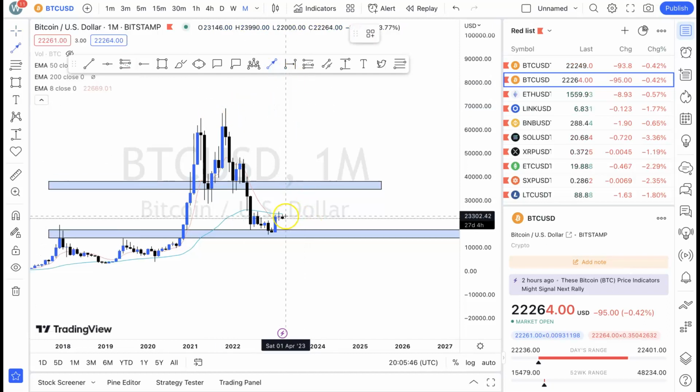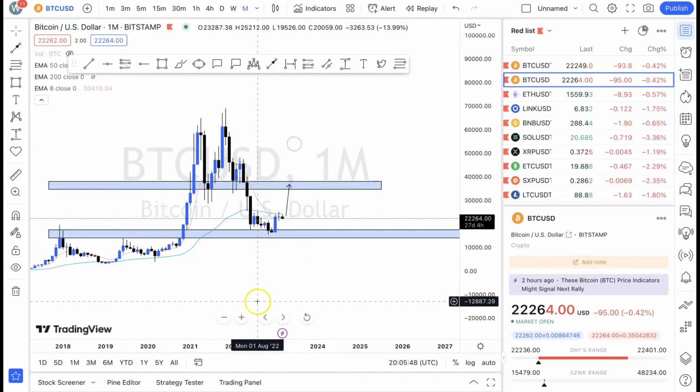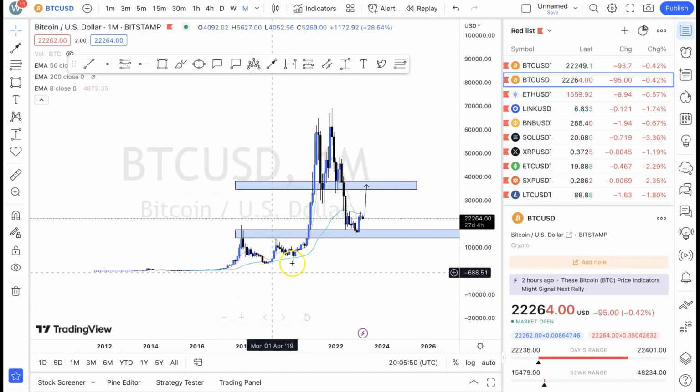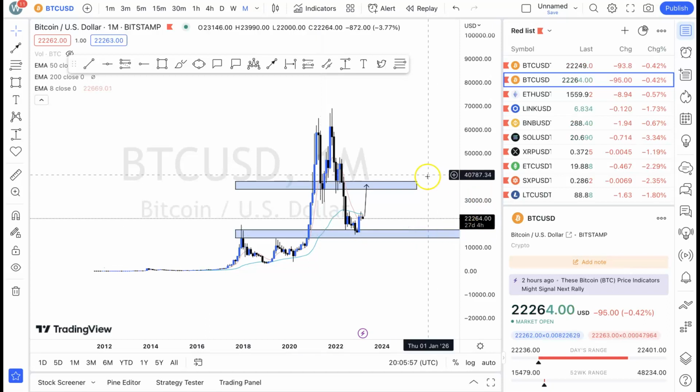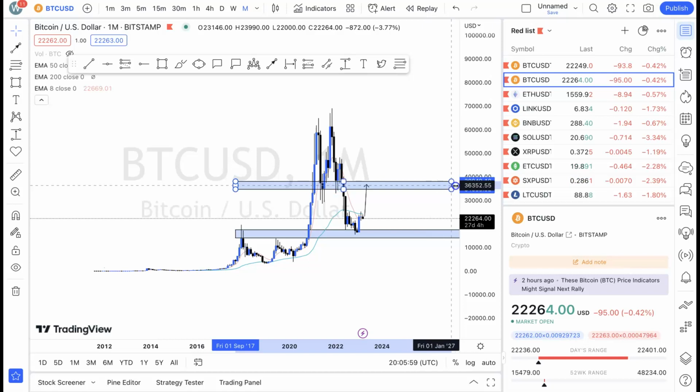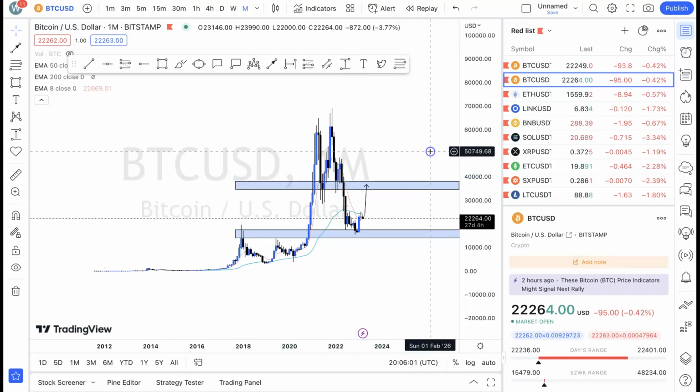Still a lot of room for BTC to come into that 40k zone, and I'm all in for the bull run. Whether it's a pre-bull run, whether it's a full-scale bull run that will start mid this year into 2023 or 2024.